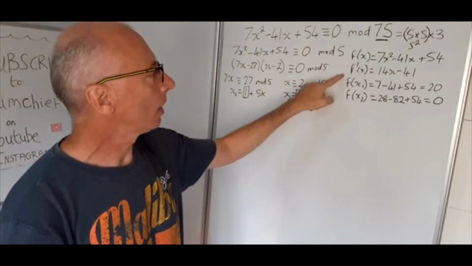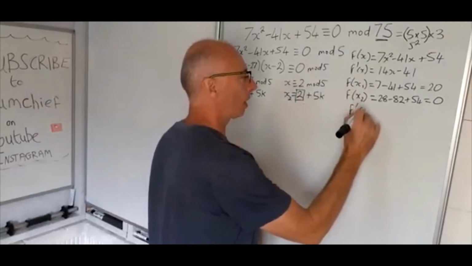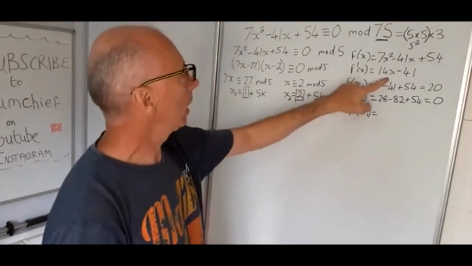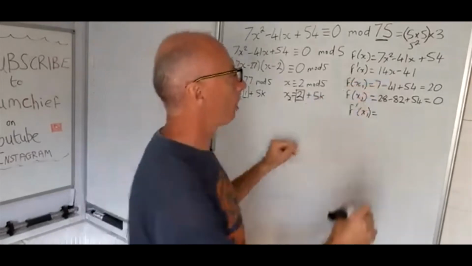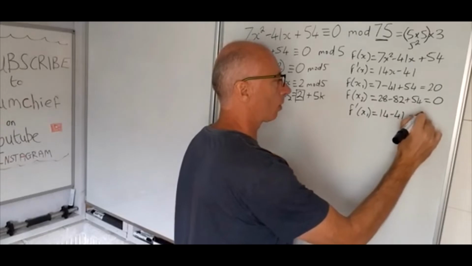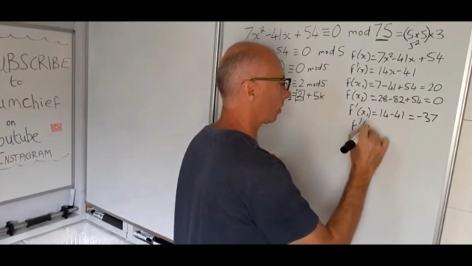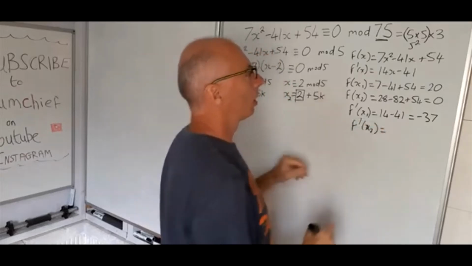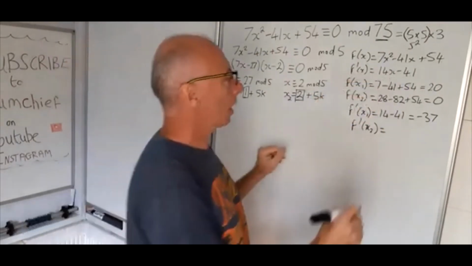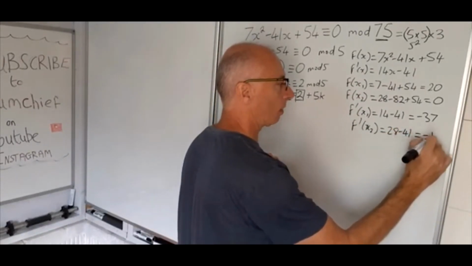Now we're going to evaluate the derivative at each of these points. So f prime of x1: plugging in 1 here, we get 14 minus 41, which equals minus 37. And now x2: that's 28 because x is 2, so 28 minus 41 equals minus 13.